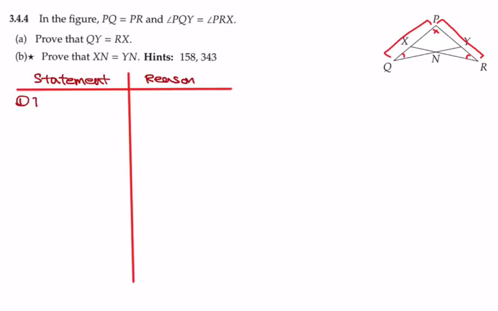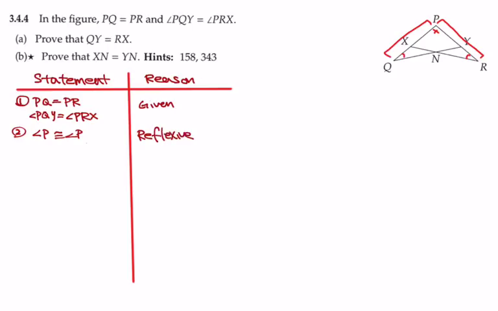Okay, I'm going to write down the givens. And after writing down the givens, we realize that angle P is equal to itself. It was because of the reflexive property.